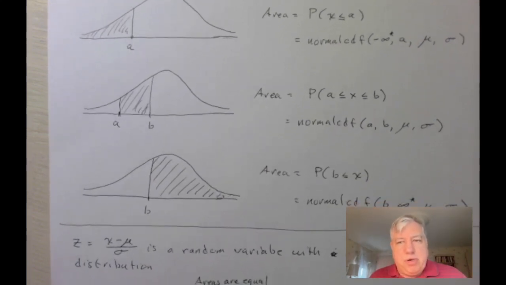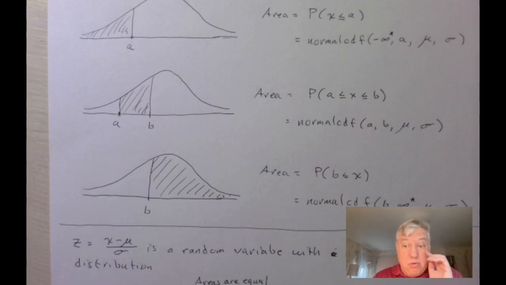When we were using the standard normal distribution, we could just use numbers like 1,000 or 10,000, or negative 1,000, negative 10,000. That's pretty much okay, as long as you make sure that 1,000 or 10,000 is far enough from the mean.